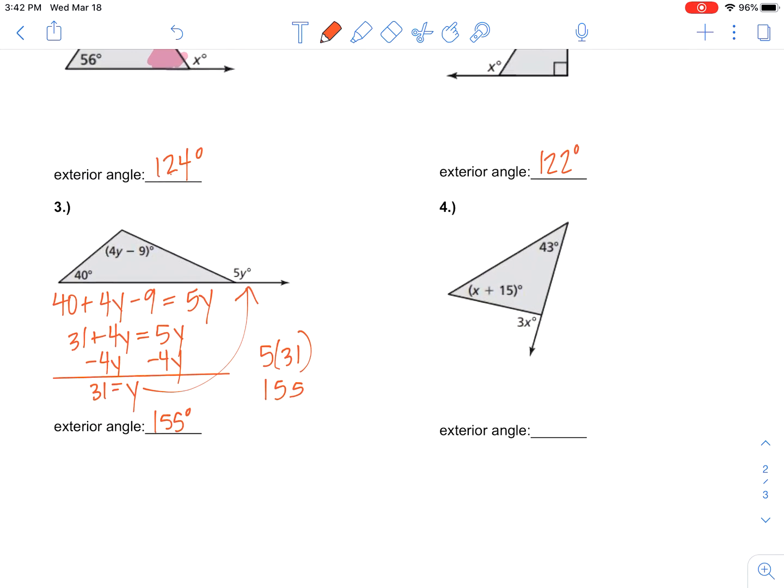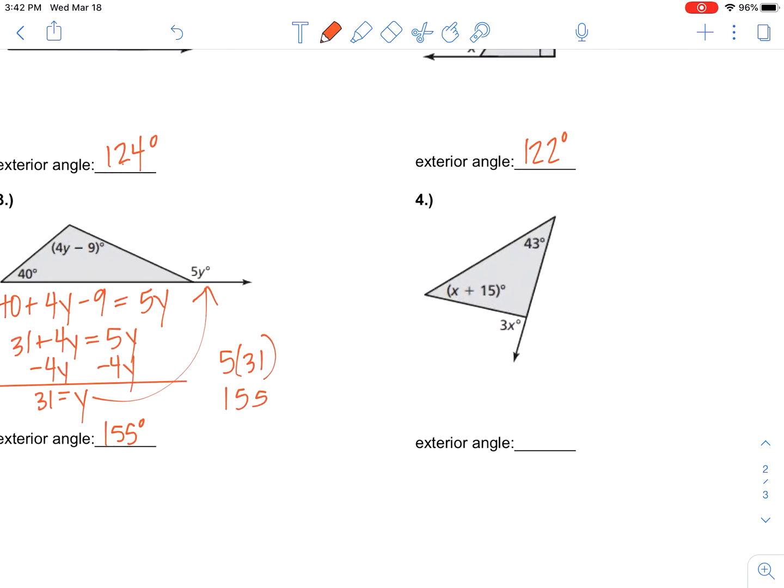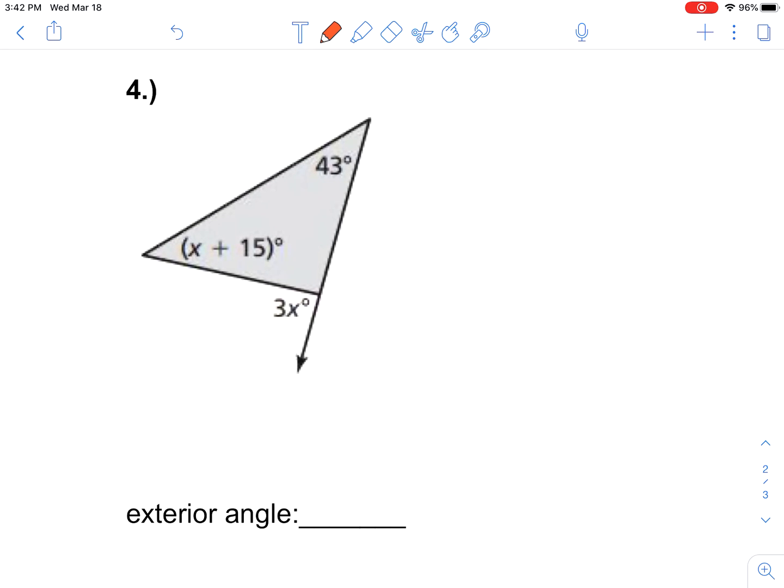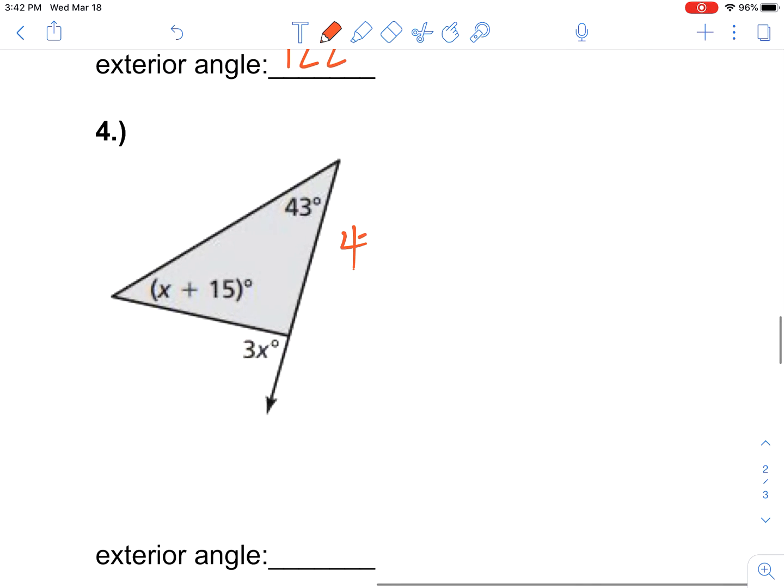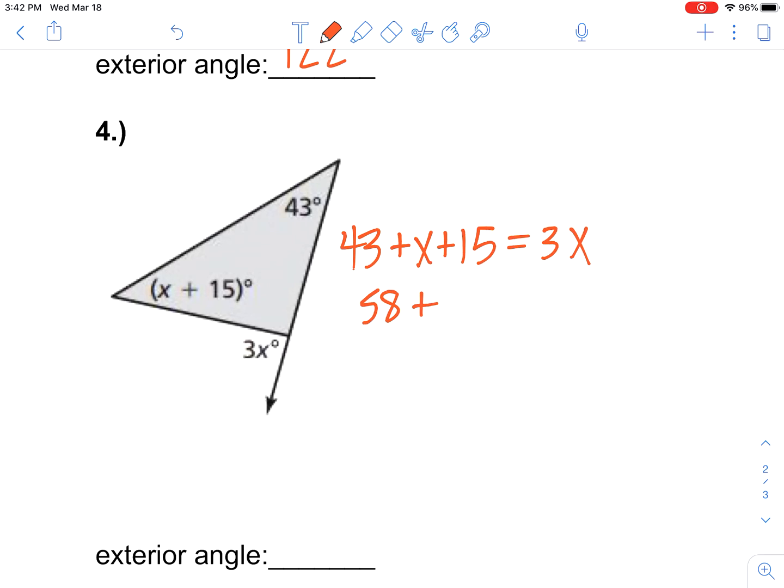155 degrees. Number 4, setting those two interiors by adding them. So 43 plus x plus 15, all set equal to 3x. Combine your like terms. So my like terms get me 58 plus x equals 3x. Subtract x from both sides. 58 equals 2x.